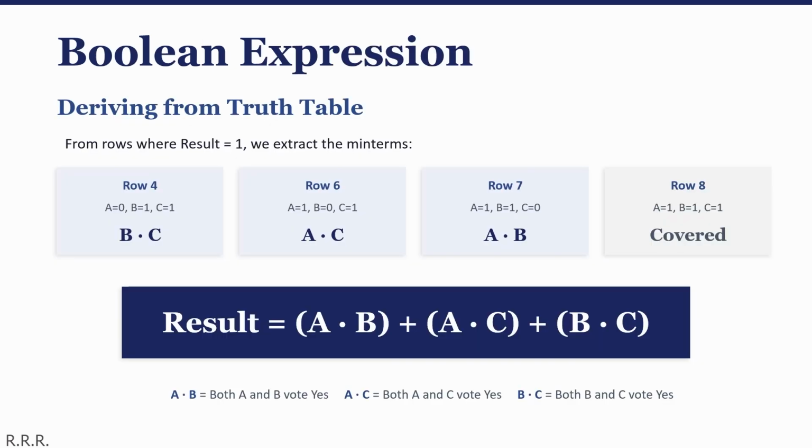Now we derive the Boolean expression from the truth table. We look at the rows where the result equals 1. These are rows 4, 6, 7, and 8.